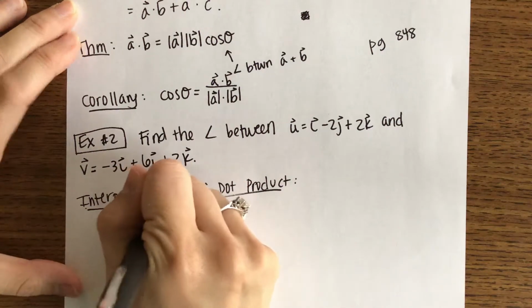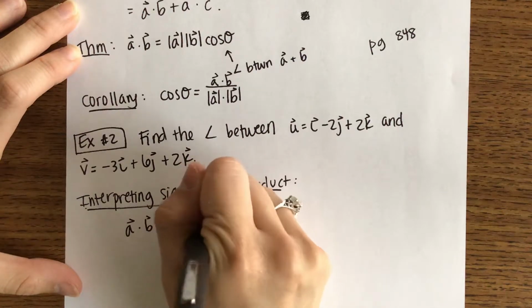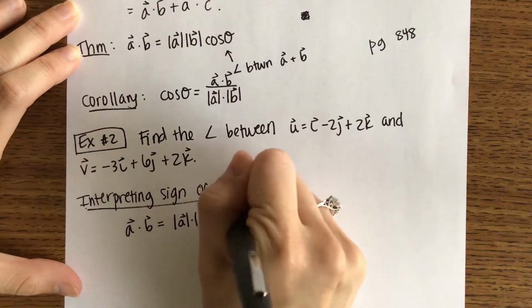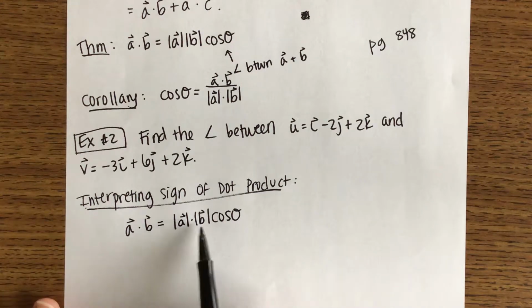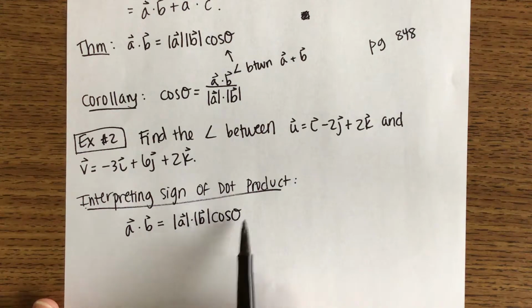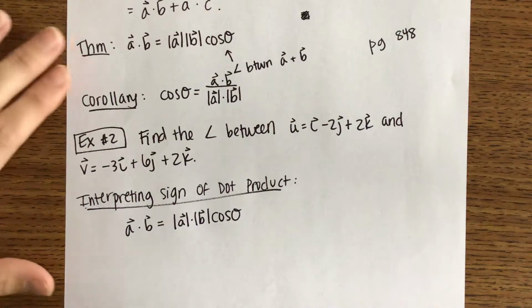We're going to use that theorem, A dot B is equal to the norm of A times the norm of B multiplied by cosine of theta. Now, what is affecting the sign of the dot product? The angle, right? Norm and norm, those are always going to be positive. So cosine of theta, that's what's determining whether our dot product is positive or negative.